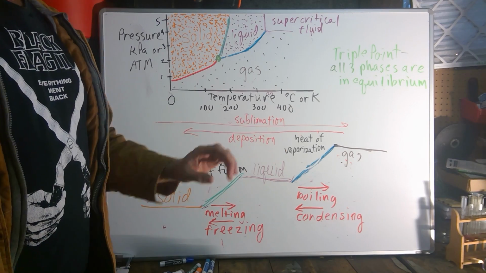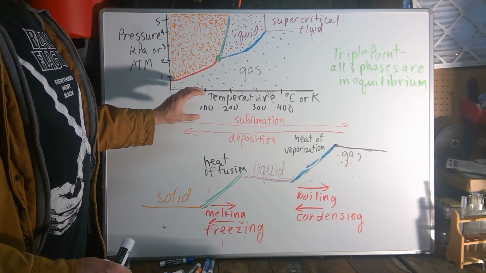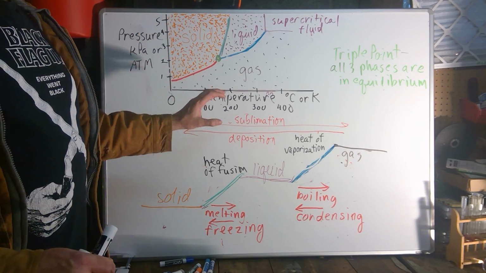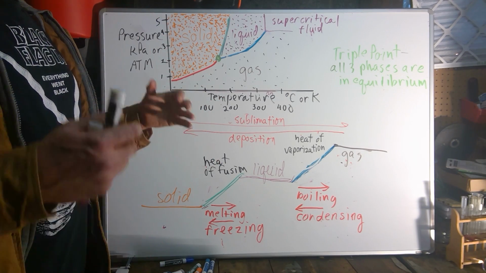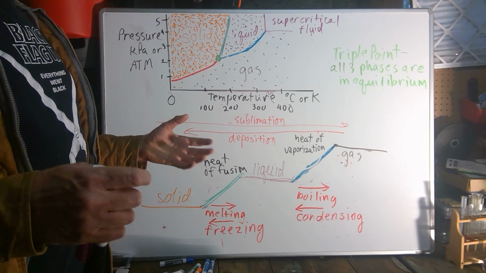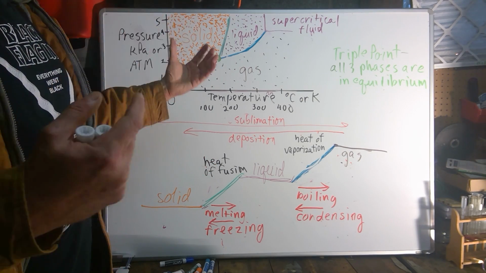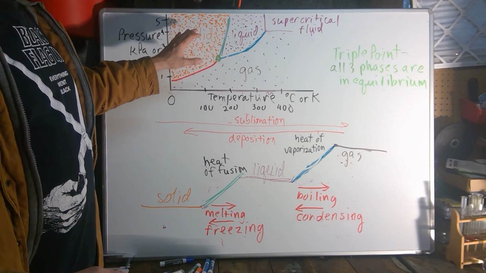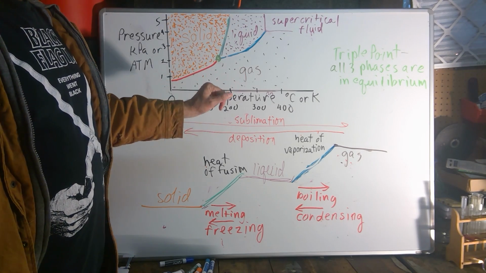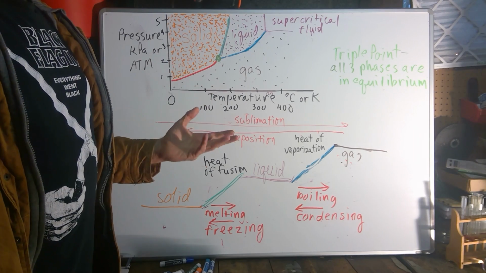It's only the temperature that we're manipulating. Whereas here, we're able to look at the effect of temperature and pressure. And that allows us to get a much better sense about the kinetic behavior of this substance and in what phase we perceive it, mostly as a solid, liquid, or gas, or under these extreme conditions, a supercritical fluid.